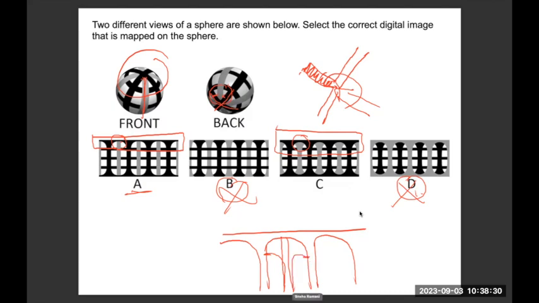I have just traced these two points, in which case this whole part should be gray. This condition is happening only with C, hence C would be the correct answer.